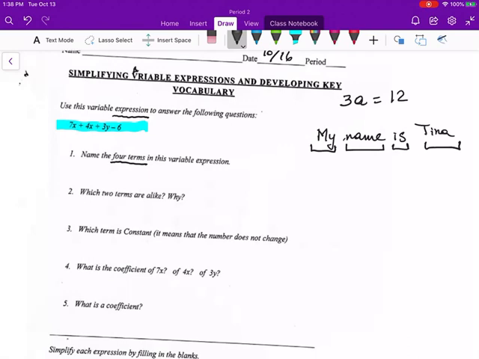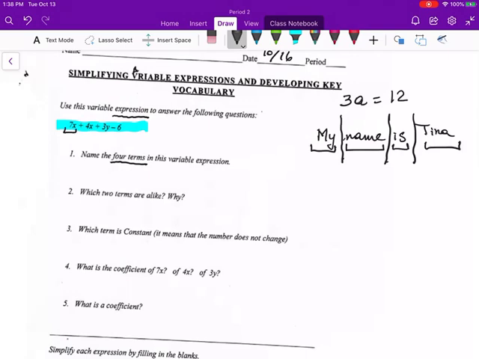And how do we know that? Because each word is separated from the other word with a space in between. In mathematics, we separate the terms with the plus or the minus, or the multiplication or division. We use the operation symbol.